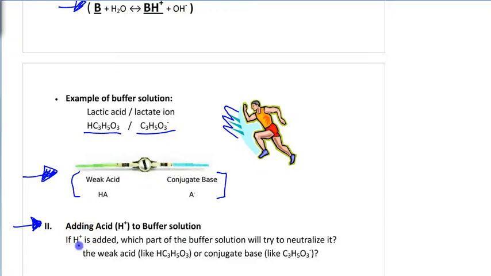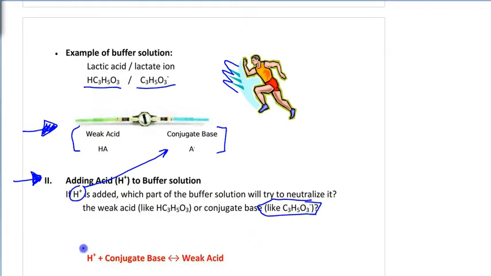Well, if we're adding acid, acid reacts with base to cancel it out. So if we add H+ to our system, the conjugate base is going to get sent out to neutralize it. So that would be the C3H5O3-, the lactate ion. So here's the key idea. This is what you need to write down.